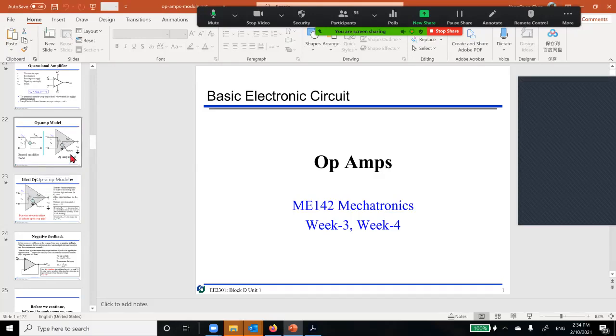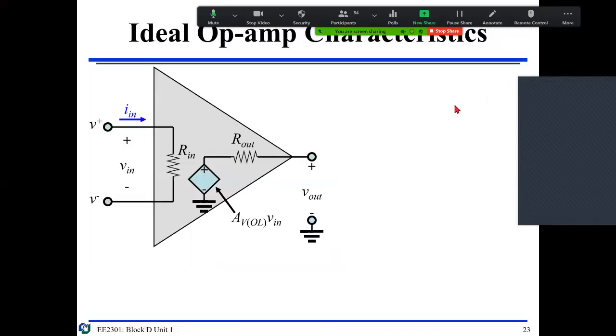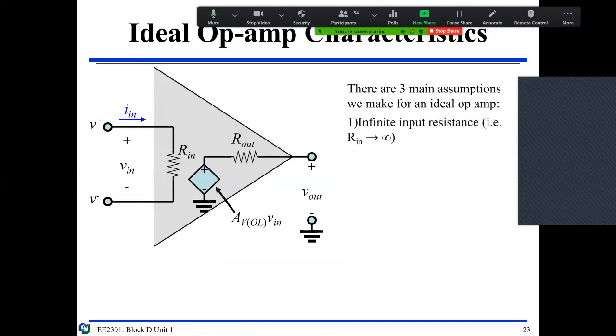So we are going to go through the op amps. We review what we learned last time. We have 3 important assumptions for the idealized op amp. You have a current coming in, I in. The first assumption is infinite input resistance: this R in is infinite, so this is considered broken and the current becomes 0.